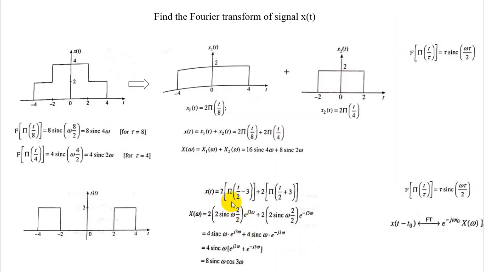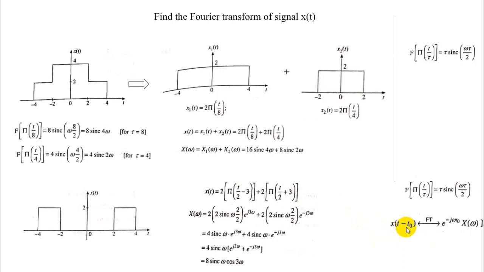This would be the transform of a rectangle function of t divided by 2 if no time shifting is present. However, in our case time shifting is present, so we should use the Fourier transform time shifting property.